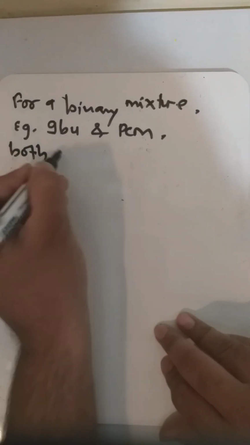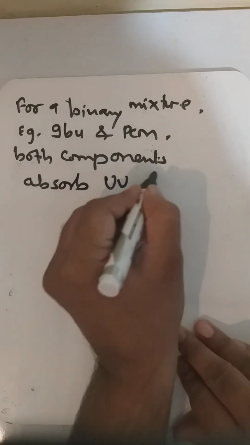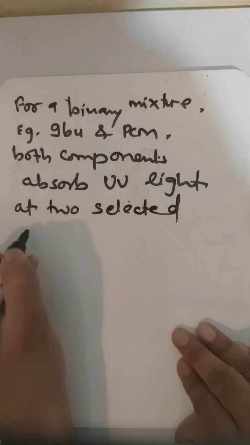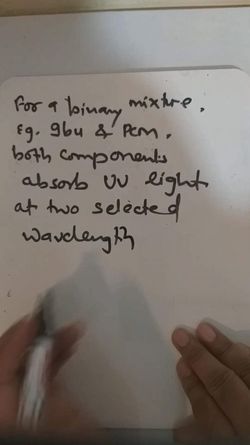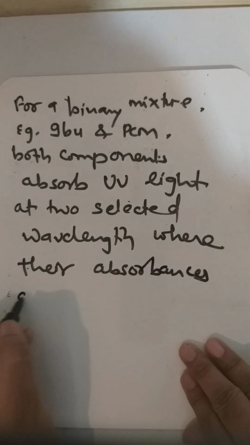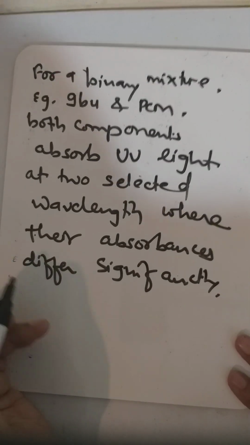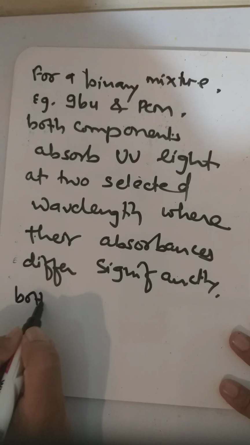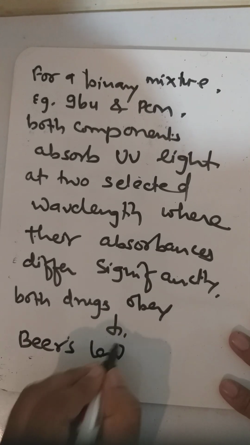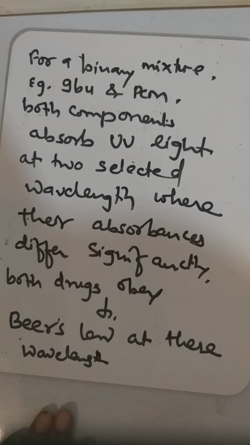Okay, so both components absorb the UV light at two selected wavelengths where their absorbances differ significantly, and if we assume that both drugs obey Beer's law, not Lambert's law, Beer's law at these wavelengths, then their concentrations can be calculated.